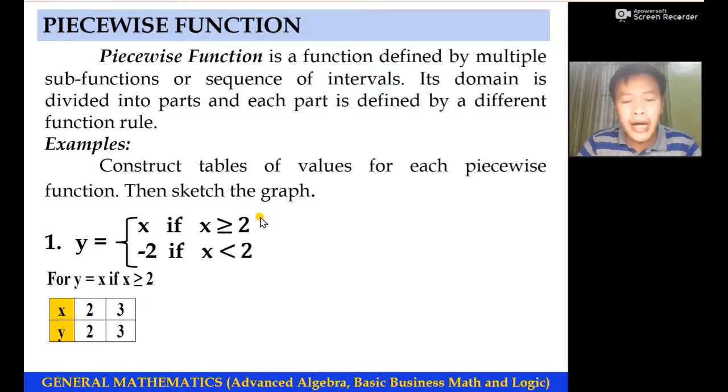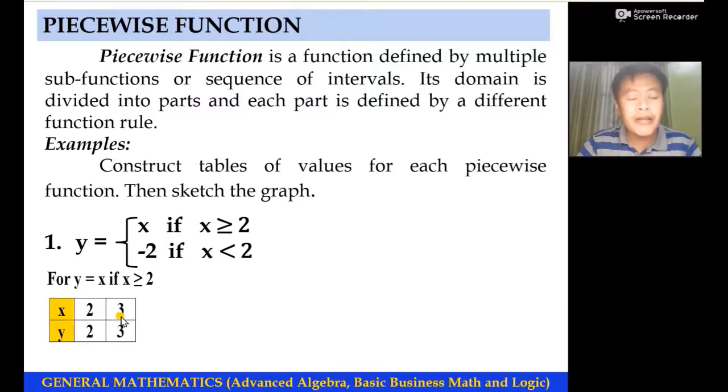Now, take note, our domain here is x is greater than or equal to 2. Therefore, do not assign the value of x which is less than 2. What are the integers which are less than 2? You have 1, of course you have 0, and you have the negative numbers. And these numbers are not part of the domain. Therefore, you are going to start assigning value of x which is 2 up to positive infinity.